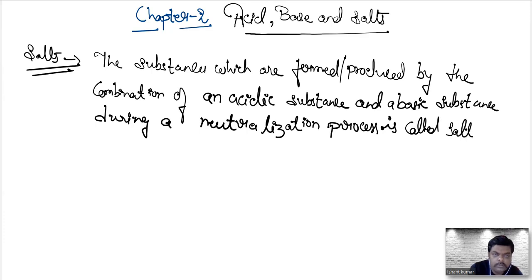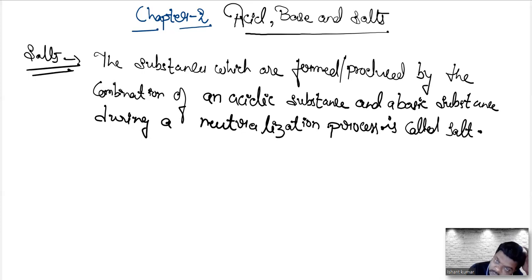Now, the salts, as we have studied in the previous classes, can be of three types: acidic salt, basic salt, and neutral salt. On the basis of the components present in them, if OH ion is present in a salt, then it is a basic salt.